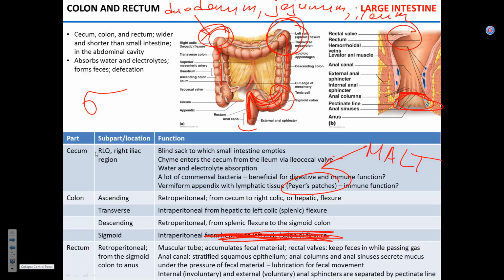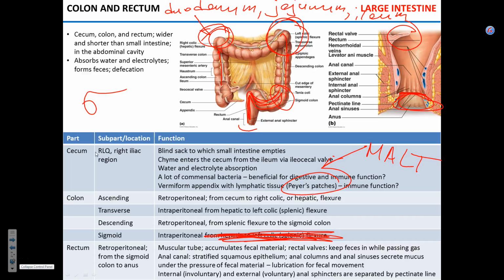Physically, sometimes they are soft, sometimes they aren't. And they put abrasion force against the rectum, against the anal orifice. So you have constant sloughing of the cells. That's why stratified squamous epithelium.